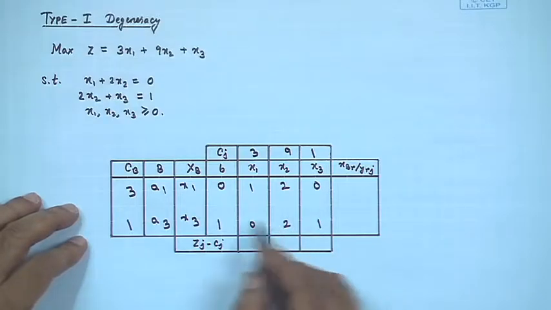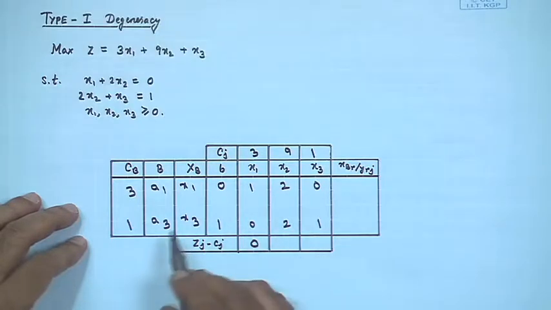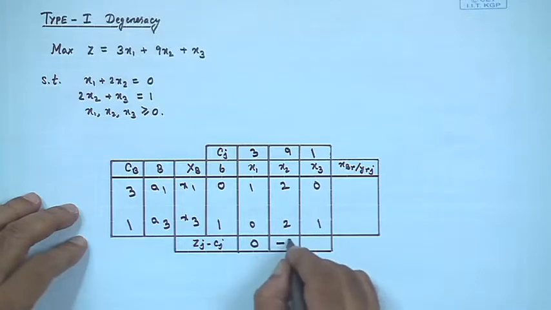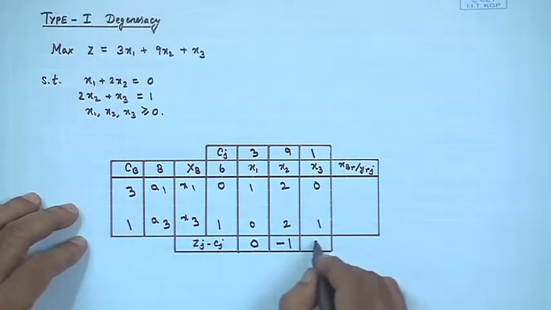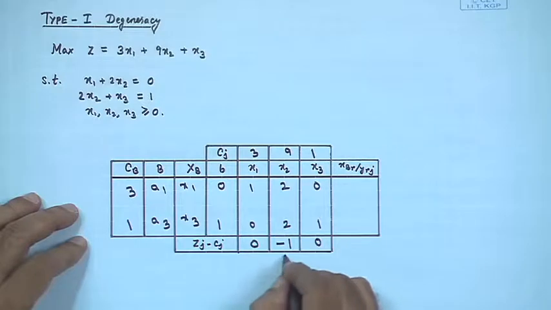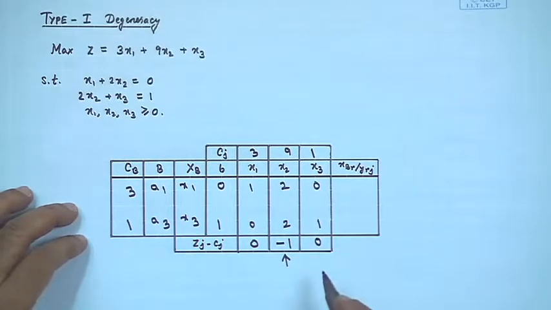Now, if you calculate the zj minus cj values, you will find 0, then 6 plus 2 is 8 minus 9, so minus 1, and the last value is 1 minus 1. Therefore your entering vector will be x2.